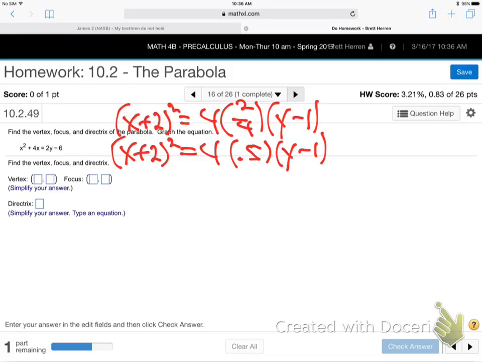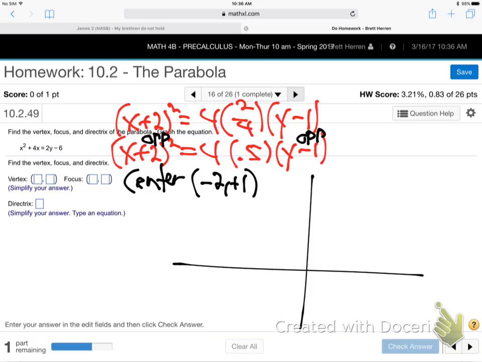All right, so there it is. So what's the center of this thing? Opposite, opposite. Negative 2, positive 1. Opposite of what's next to x. Opposite of what's added or subtracted next to y. Center is back 2, up 1.